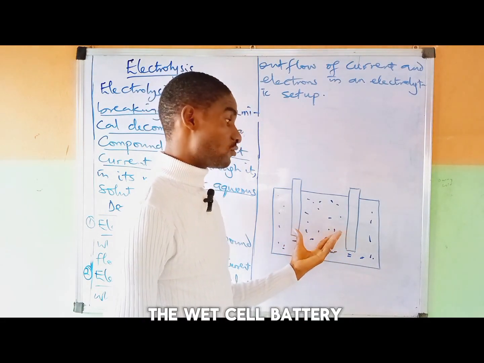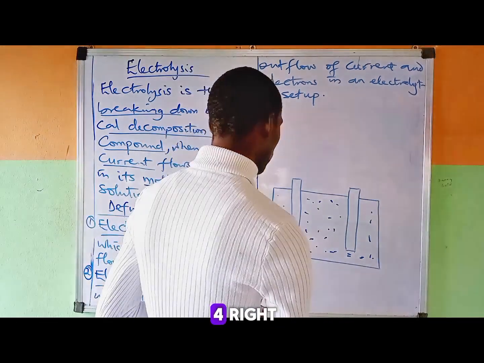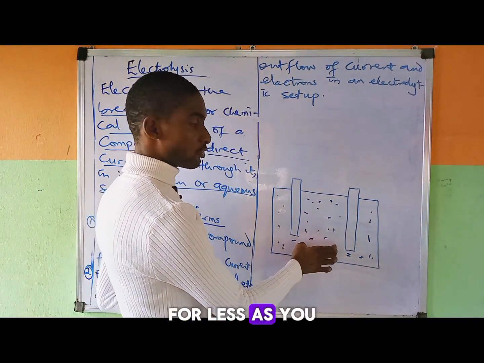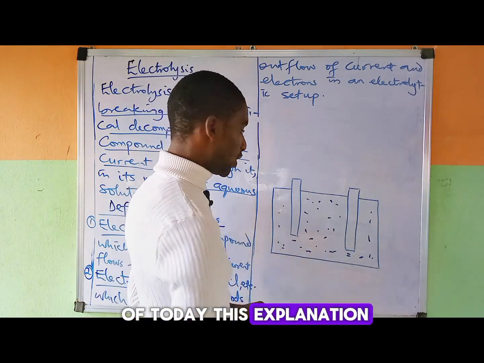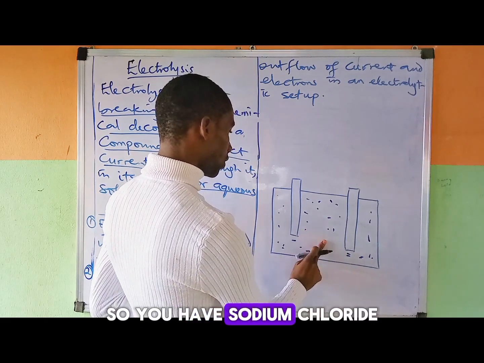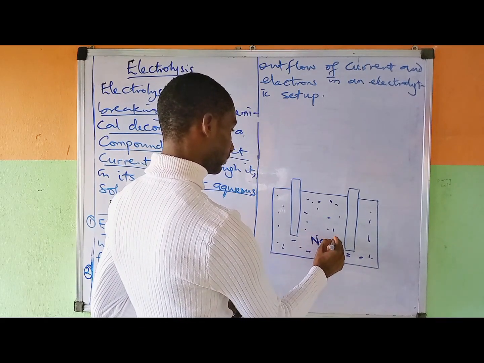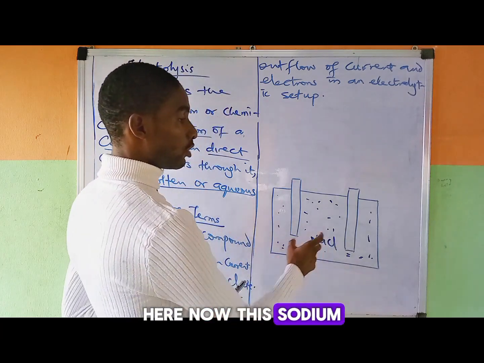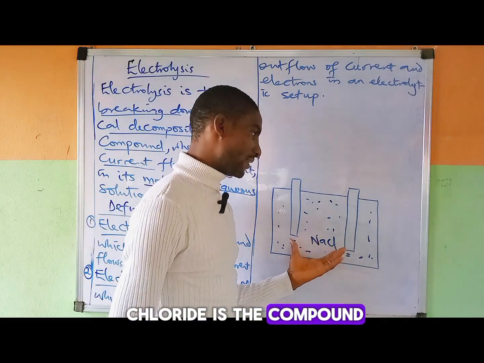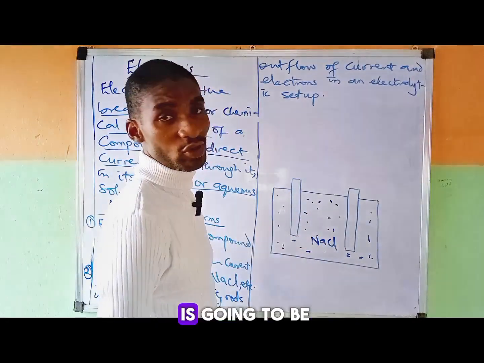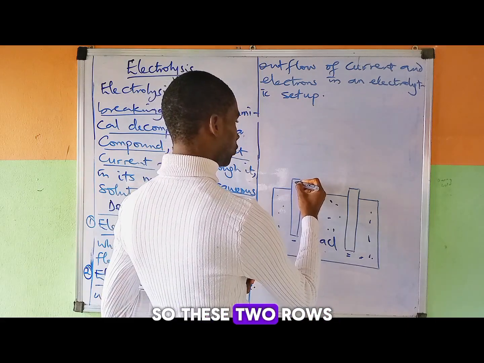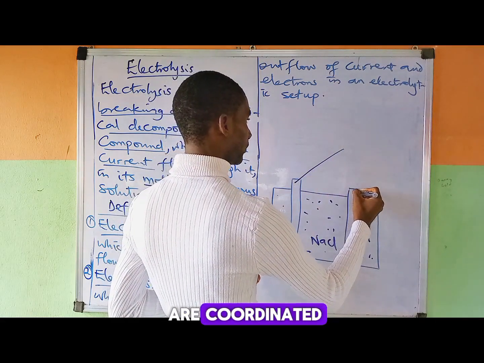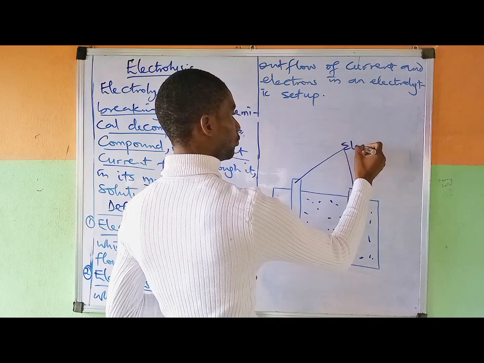That's what you have in a wet cell battery. But let's assume we have sodium chloride here for the sake of today's explanation. Now this sodium chloride is the compound, the electrolyte that is going to be broken down. These are the rods. These two rods are called electrodes.